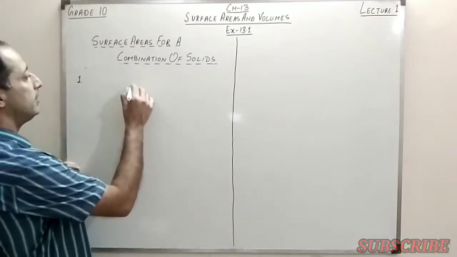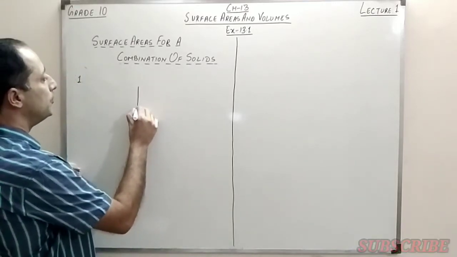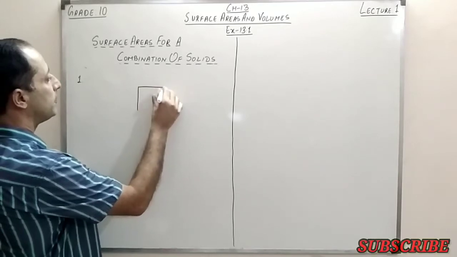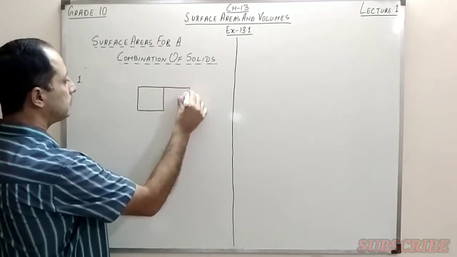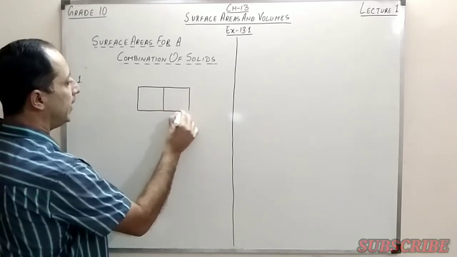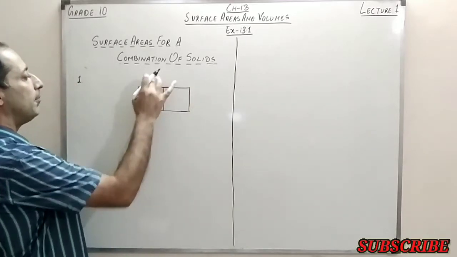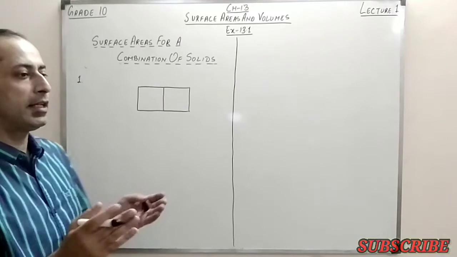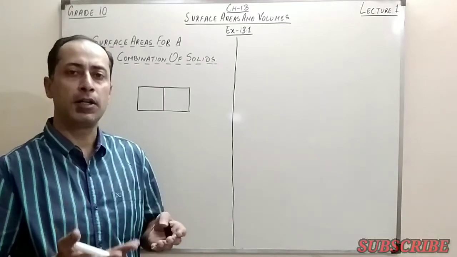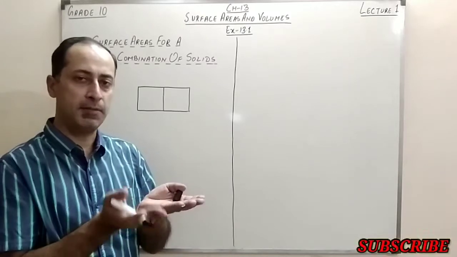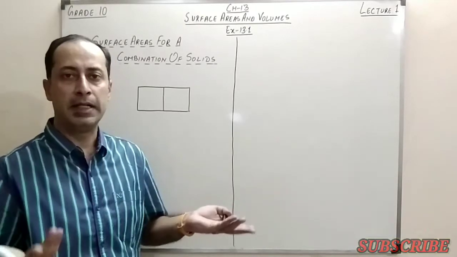Now what is given to us? We are given two cubes. So let's take two cubes first. Now the cubes are joined end to end. You can keep one cube up also. Since the cube has all sides equal, you can keep the two cubes anyway, side by side or one on top, it doesn't matter.